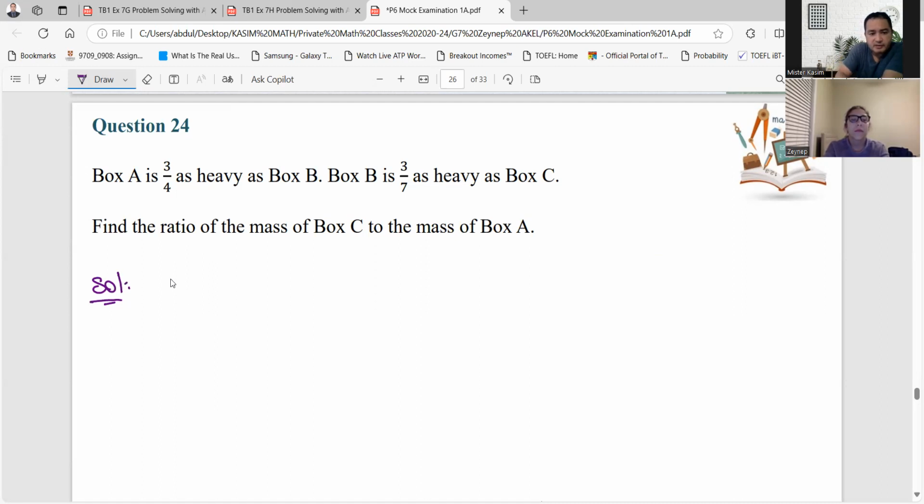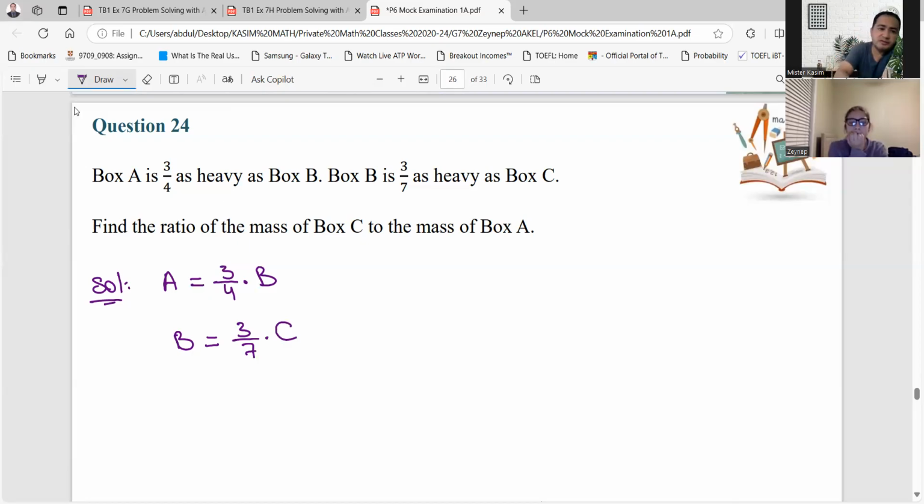I can write here box A, that's A, equals, as heavy as means times, 3/4 times B. It means this equation. And in the second part, box B equals 3/7 times C.